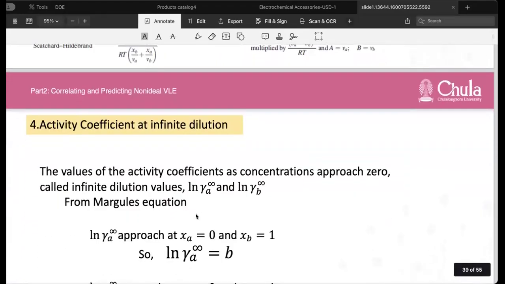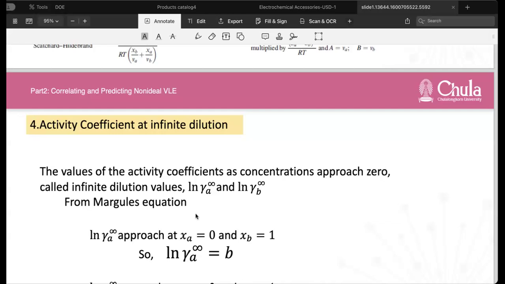Now we move to the next topic: activity coefficient at infinite dilution. For an activity coefficient model, you need several experimental setups and a bunch of data. But if we consider only some conditions, we call that condition infinite dilution.